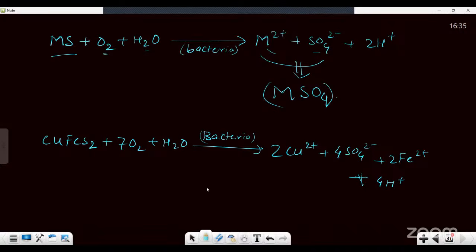Now, what happens? This Fe2+ is present. The Fe2+ ions may get further oxidized to Fe3+ by the bacteria.